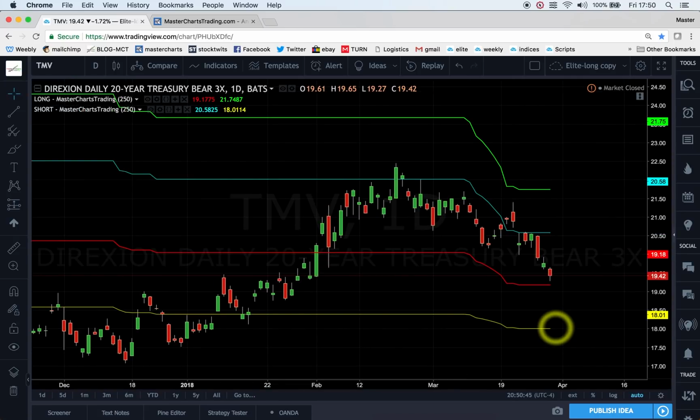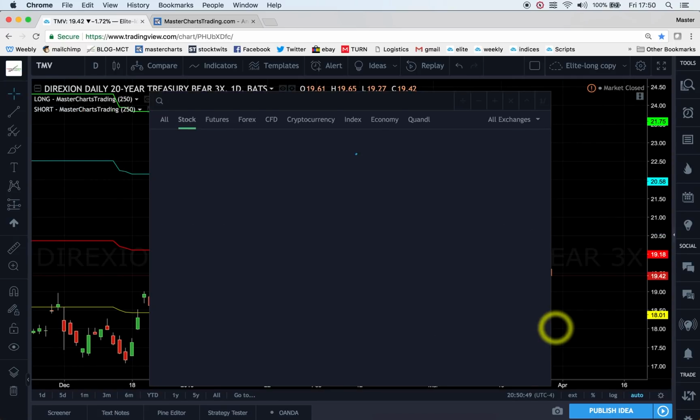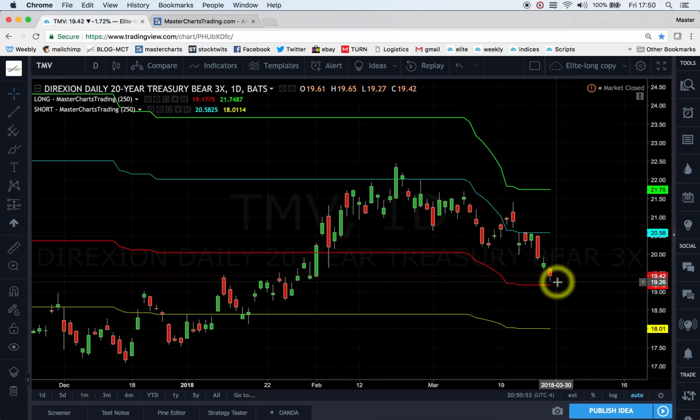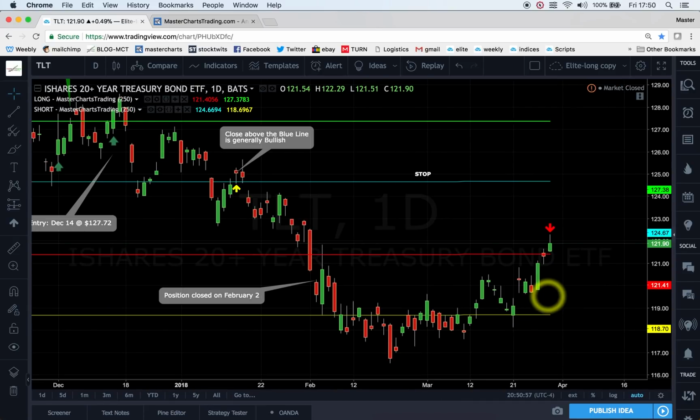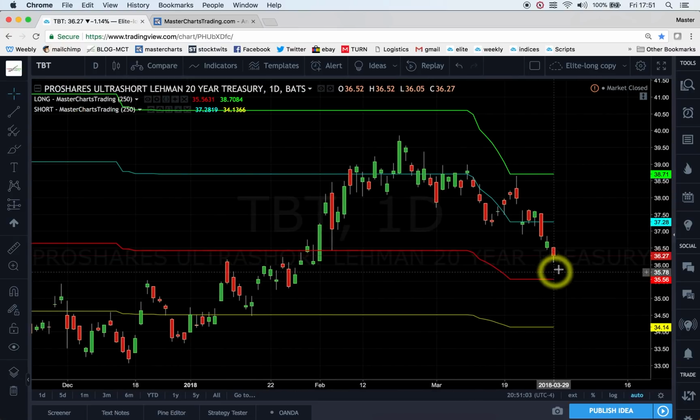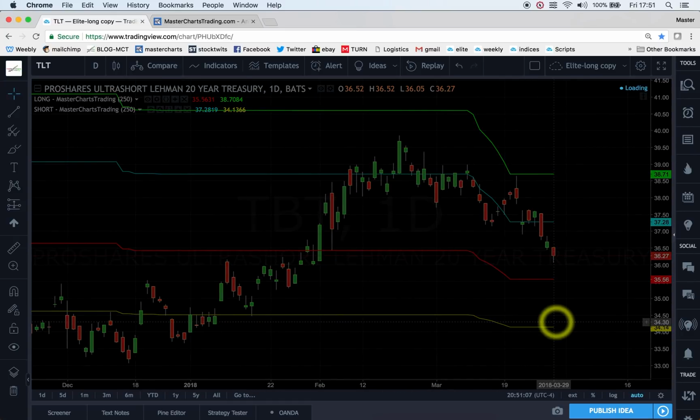TMV would be the triple leveraged ETF that you could play opposite TLT. You can also do options, but TMV or TBT, I believe. Yeah, TBT also is a good way to play it. You can look for an entry on TBT.